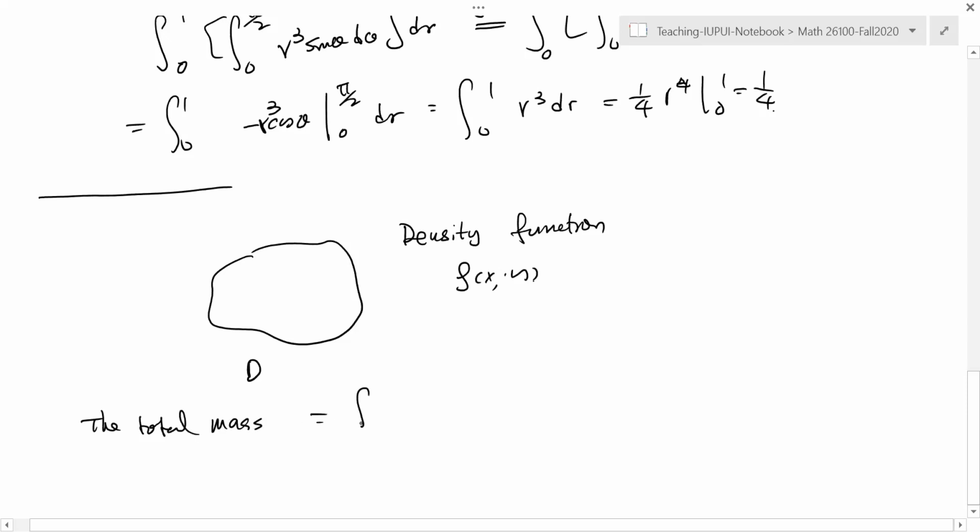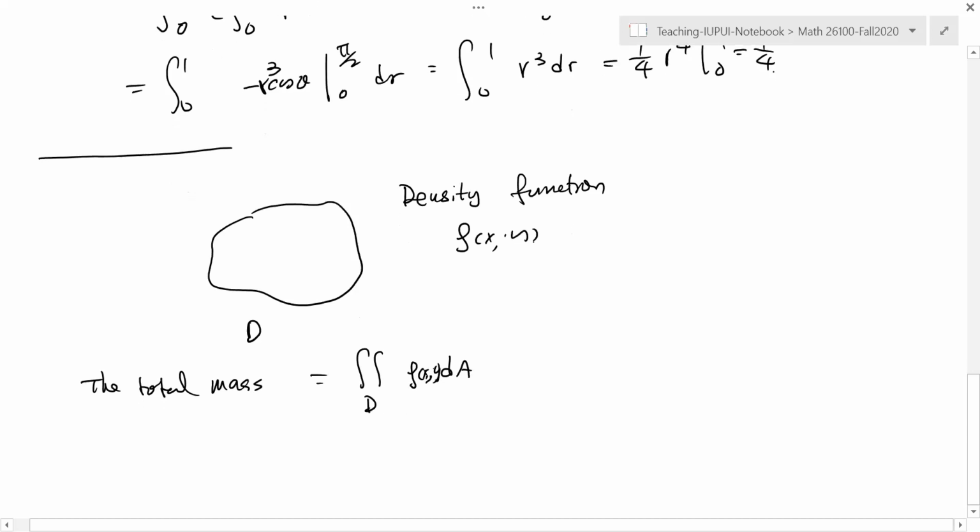It's going to be the integral of the density function. If the density function is a constant, then it's this constant times the area. Otherwise, it's given by this formula.